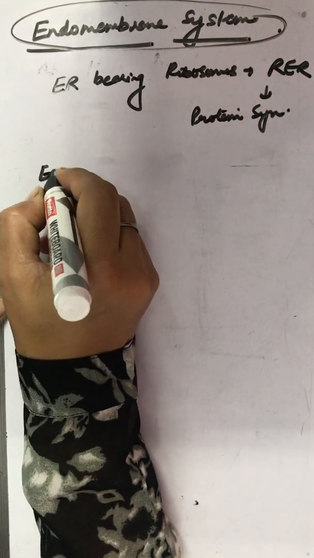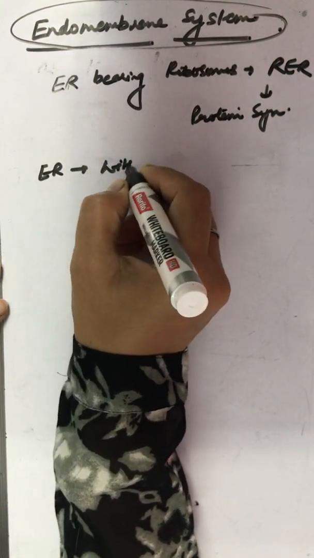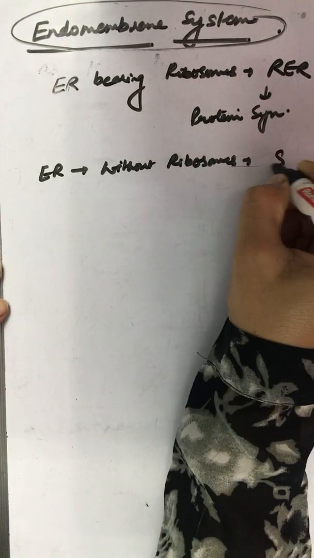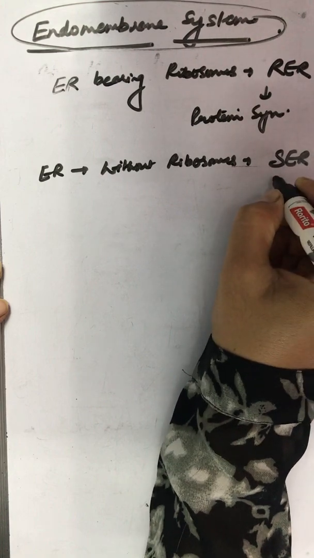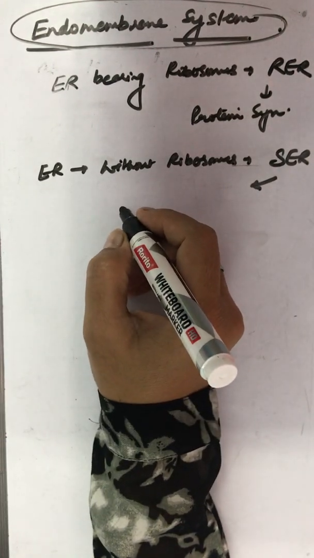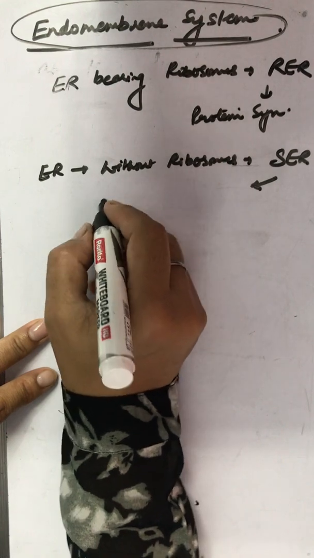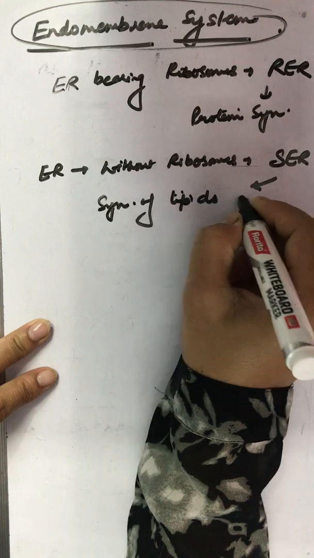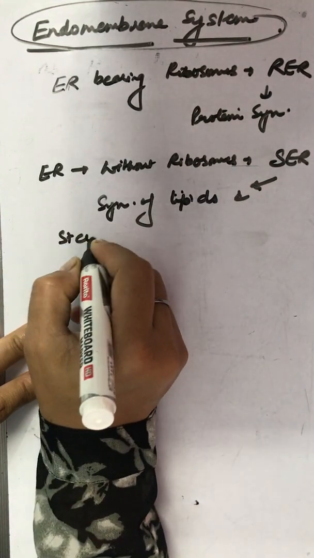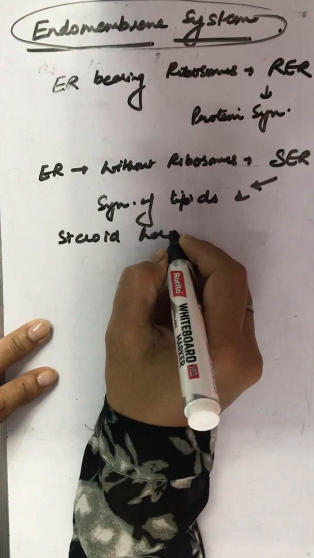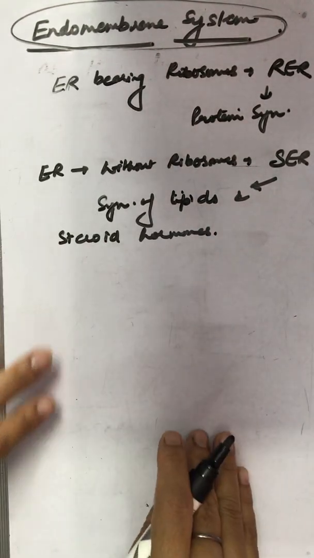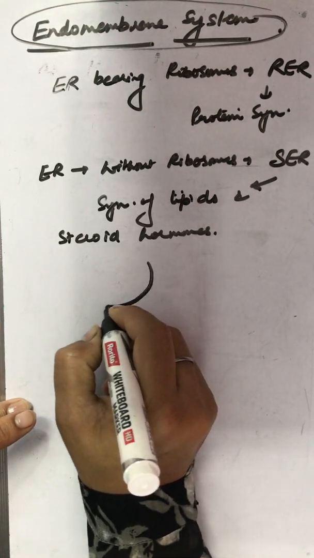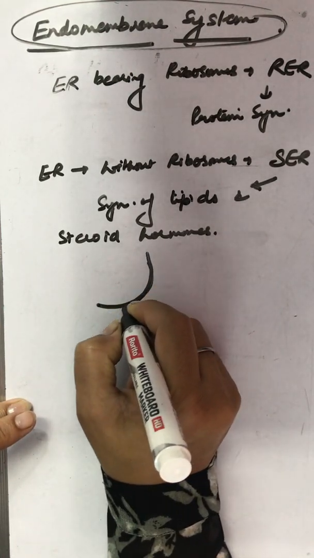And when ER without ribosomes, we call it SER, and is responsible for lipid and steroid hormones. That is synthesis of lipids and steroid hormones.